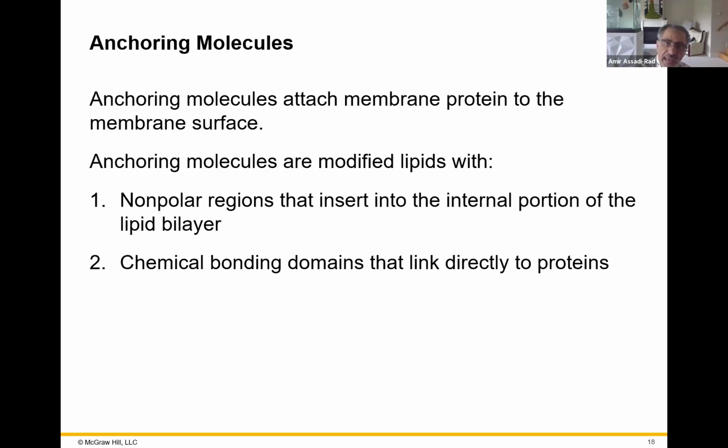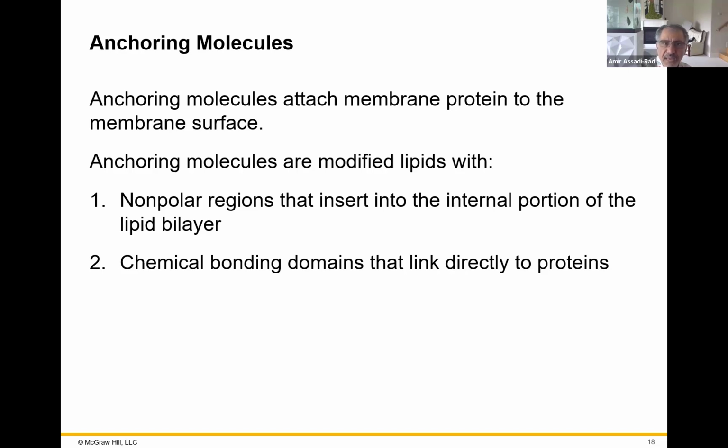Anchoring molecules attach membrane proteins to the membrane surface. Anchoring molecules are modified lipids and non-polar regions that insert into internal regions of the lipid bilayer, and chemical bonding domains that link directly to proteins.